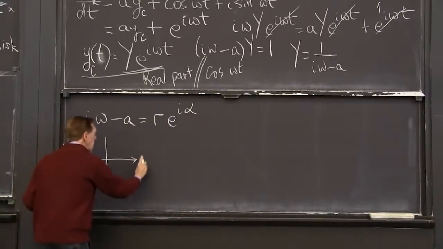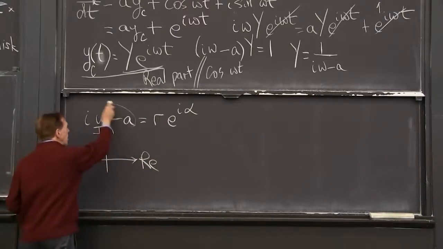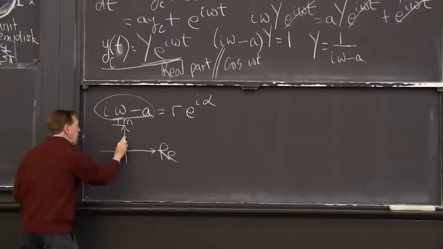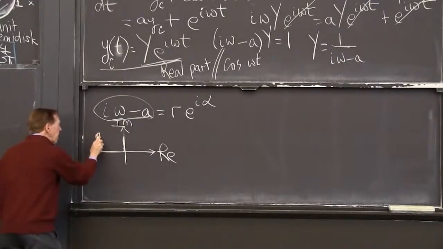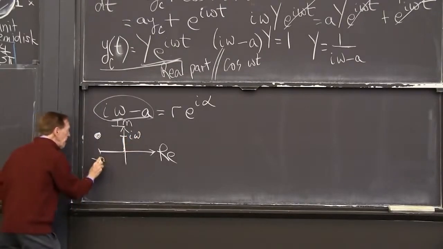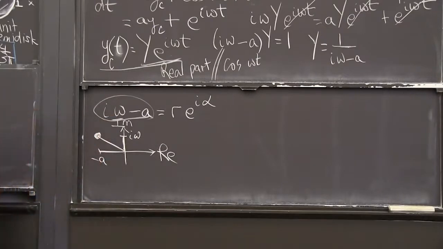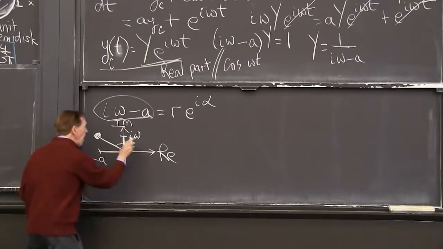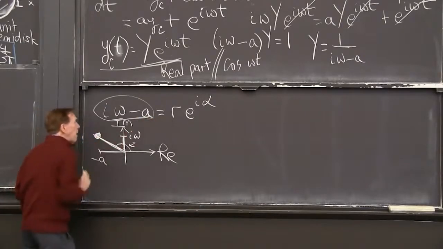So there's the real axis, here's the imaginary axis, and here's a complex number, i omega minus a. So in the imaginary direction I go up omega, and in the real direction I go minus a. So here's my number. This is up to i omega, and back to minus a, and there is the number i omega minus a. And there's the angle alpha, and the length of that is the R.